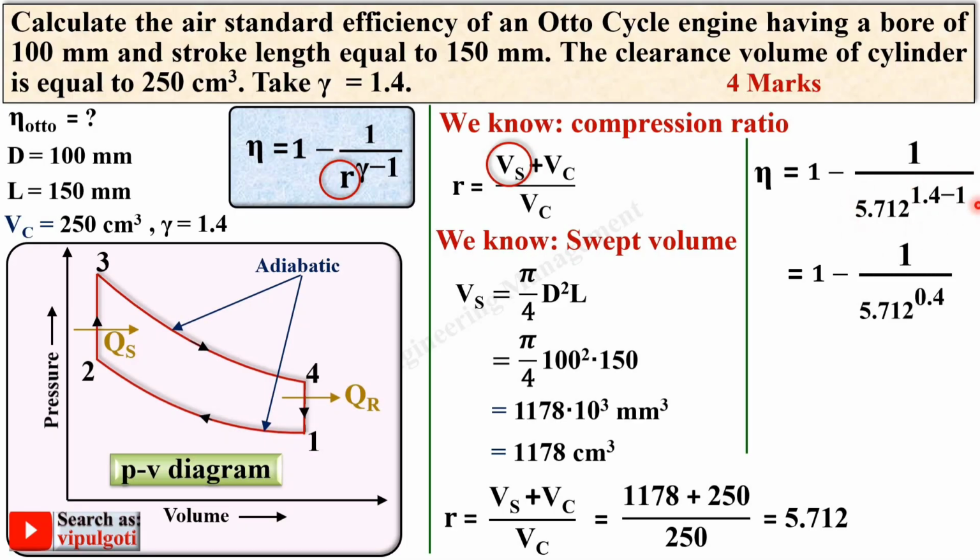First I simplify this one: 1.4 minus 1 means 0.4. Now simplify the whole term, so you will get 0.502. Again, you know that efficiency must be in percentage, so multiply by 100 so that you get the efficiency in percentage. So this is your answer, the efficiency of the Otto cycle. So make a box.